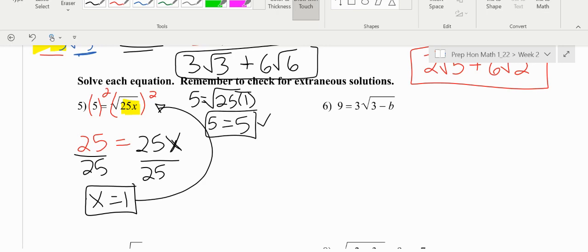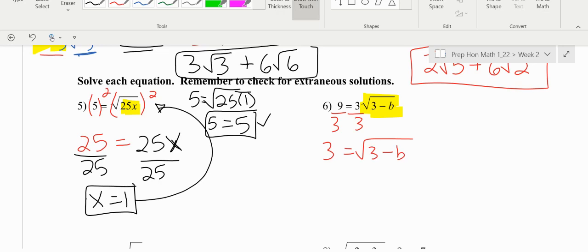For number 6, I'm going to do the same exact thing. We're going to go ahead and get our radical by itself first. So I see a 3 out front. It's very tempting for students to want to subtract 3, but actually the 3 is multiplying the radical. So I have to undo that by dividing by 3. I'm going to get 3 equals root 3 minus b.